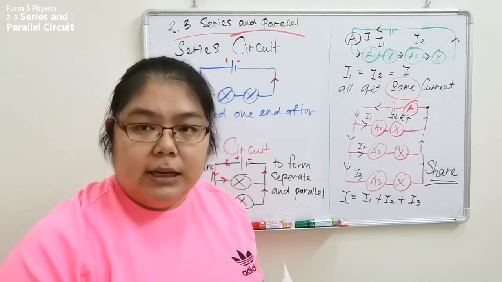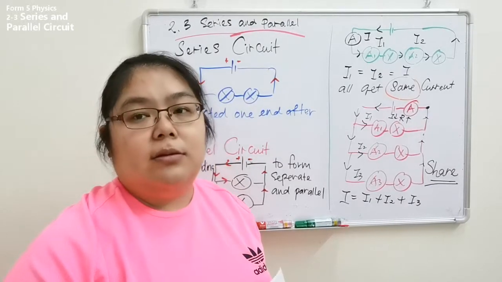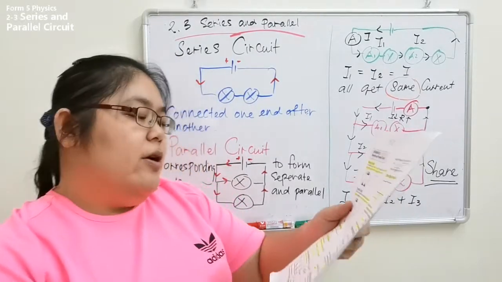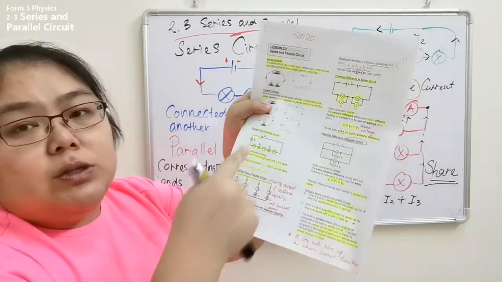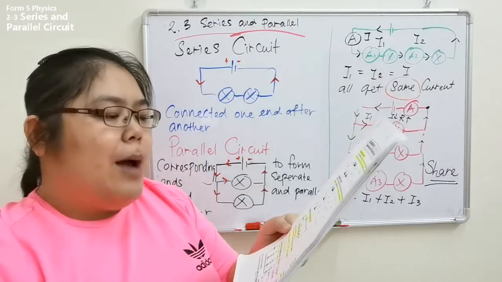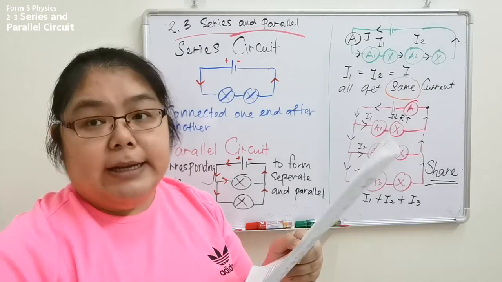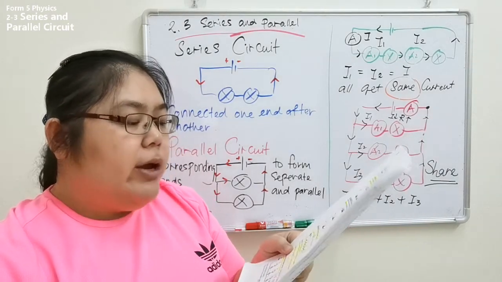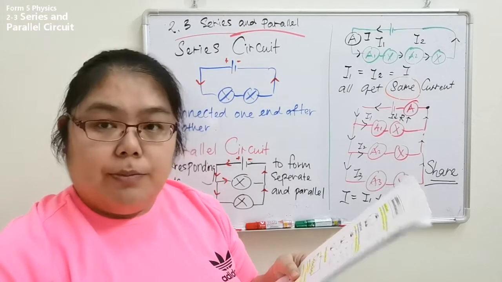They all get the same current. Understand? From here we can see these two diagrams. First one, bulbs connected in series, the current flowing through every bulb is the same. The readings for the ammeters I1, I2 and I3 are the same.